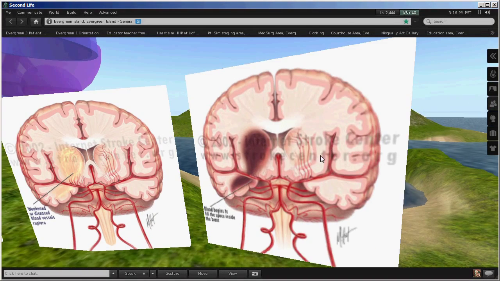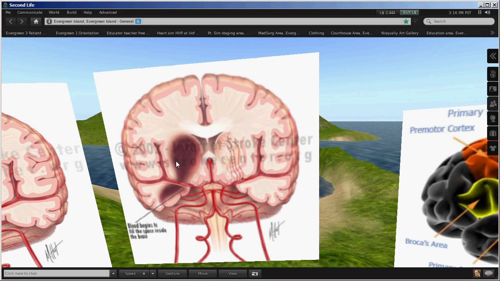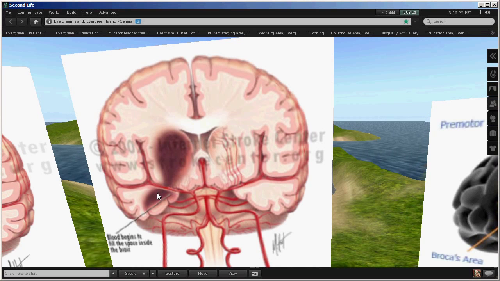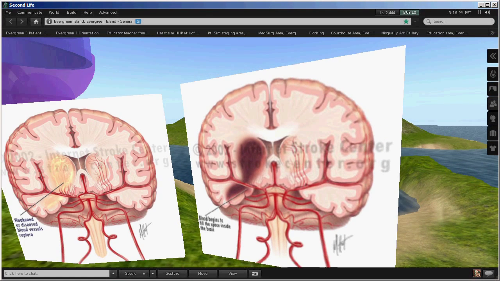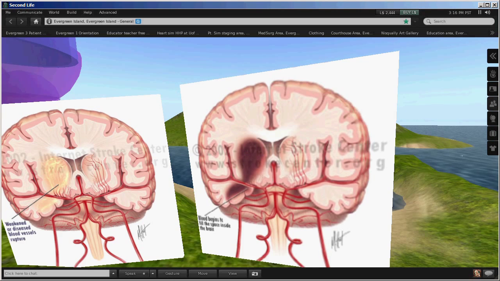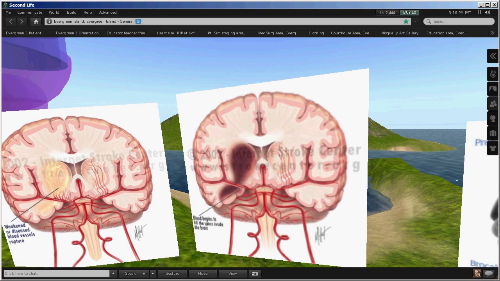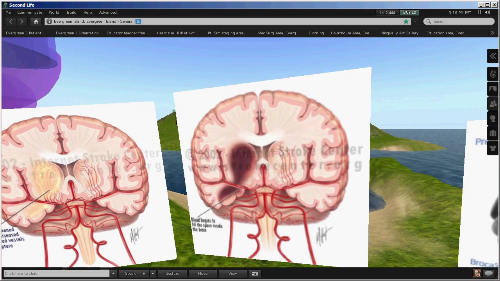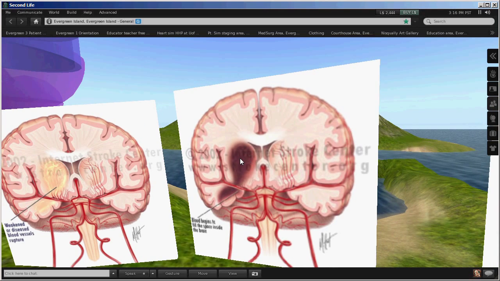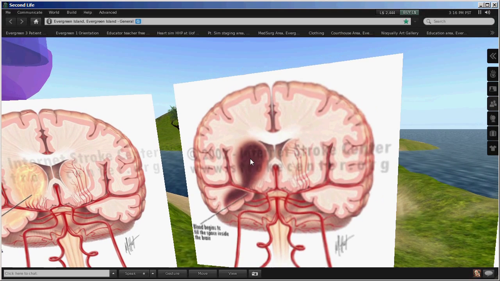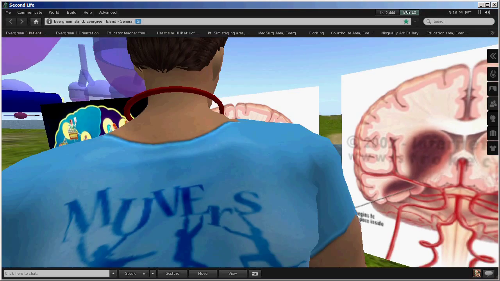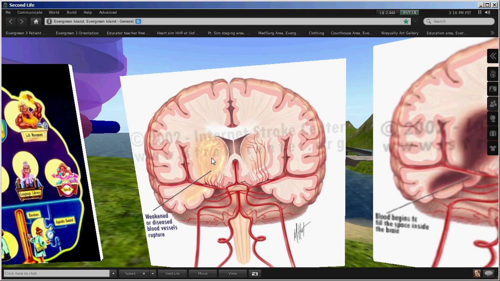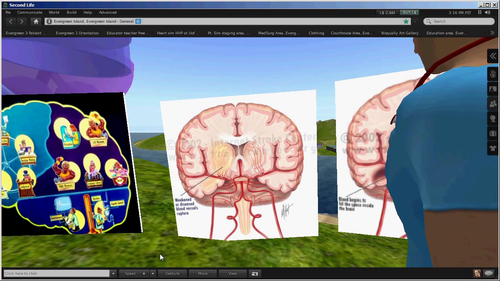This particular image on the right is showing an area where there's injury, and this is after the rupture, like a cerebral bleed. And this diagram is quite similar, but it's just showing that there are some weakened blood vessels or diseased ones.